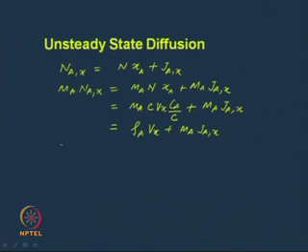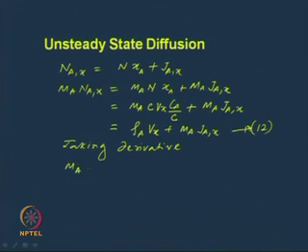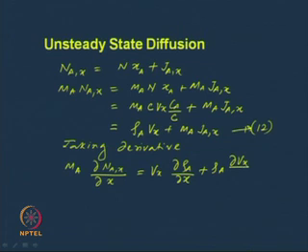If we take the derivative of this equation, suppose this is equation number 12, then we can write MA ∂NAx/∂x will be equal to Vx ∂ρA/∂x plus ρA ∂Vx/∂x plus MA ∂Jx/∂x.